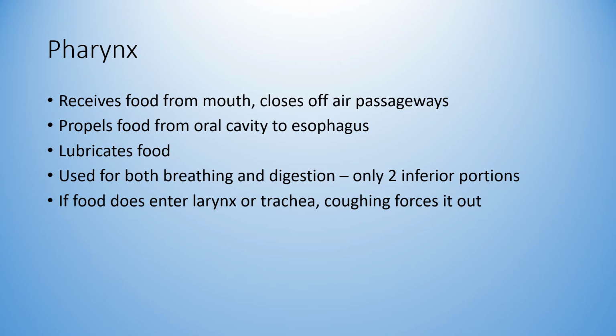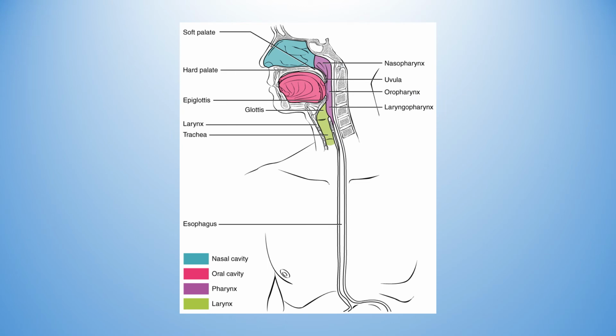If food does happen to enter the larynx or the trachea, we've all seen it, we've all had it happen to us. What happens? You start coughing very forcefully to push it out, because you do not want that getting into the lungs. So there is that natural reflex. If food does enter the larynx or the trachea, you're going to be coughing until you can push it out.